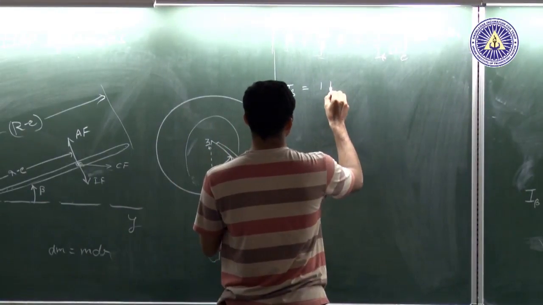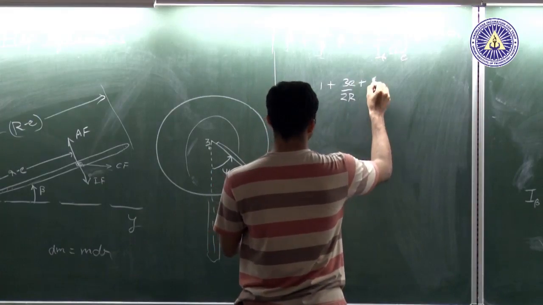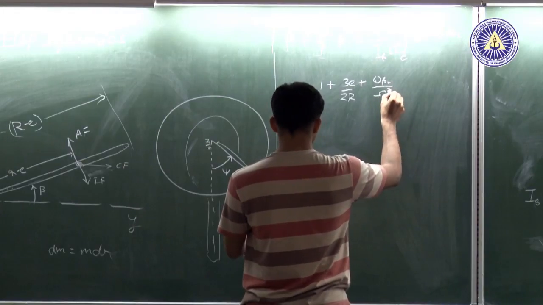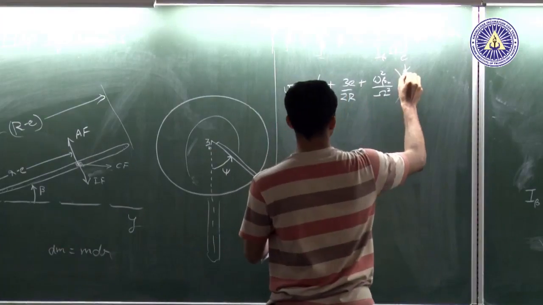So that is 1 plus 3 by 2r plus omega beta naught by omega square, whole thing power 1 by 2.